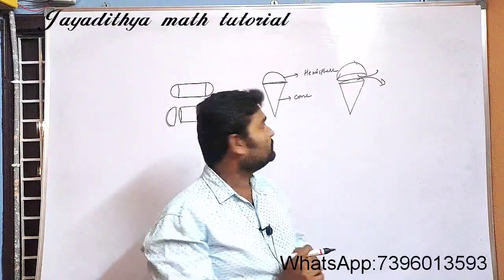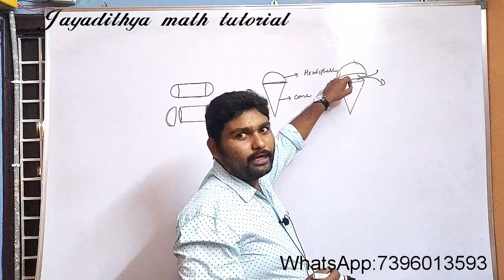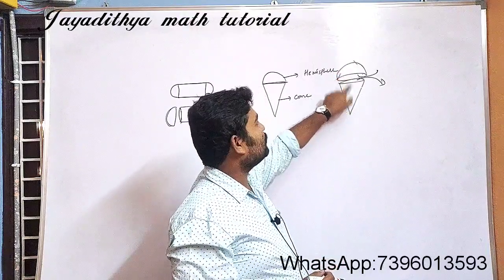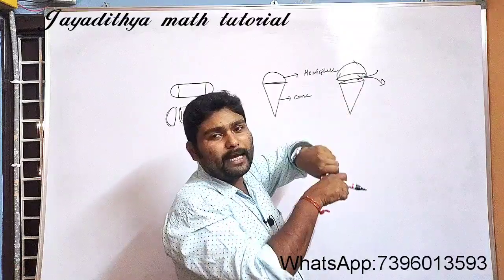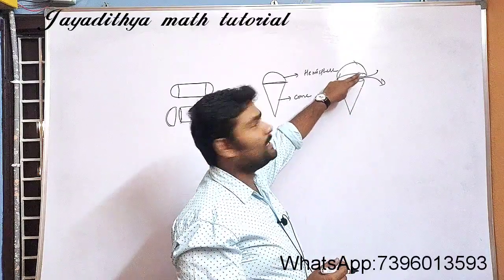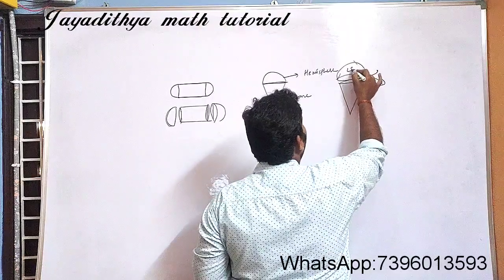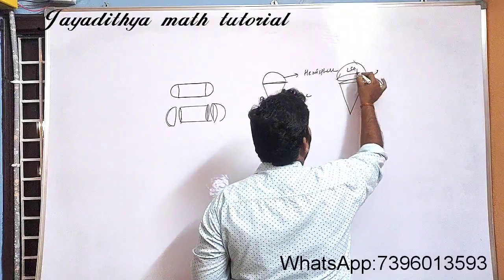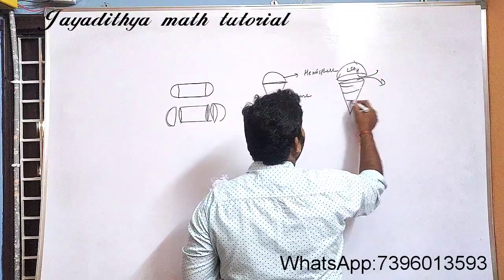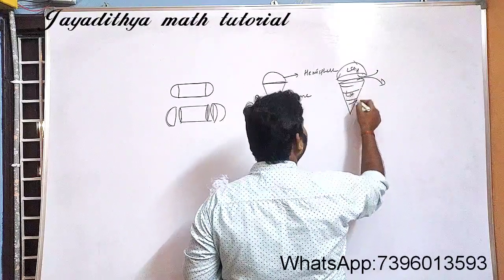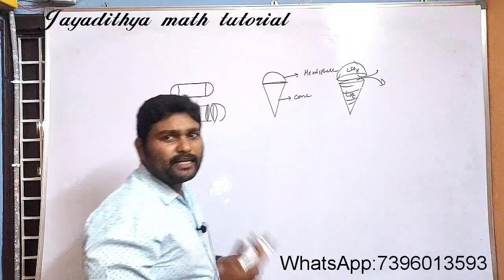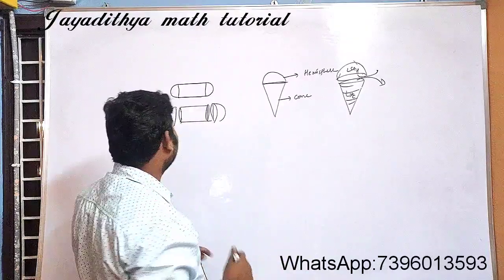That is important. When we combine both solids, the cone and the hemisphere, two faces are closing. That means you can only see this part, that is the LSA of the hemisphere, and only this part, which is the LSA of the cone. Curved surface area or lateral surface area, both are the same here.